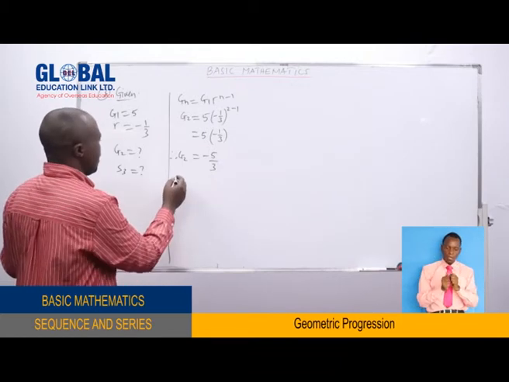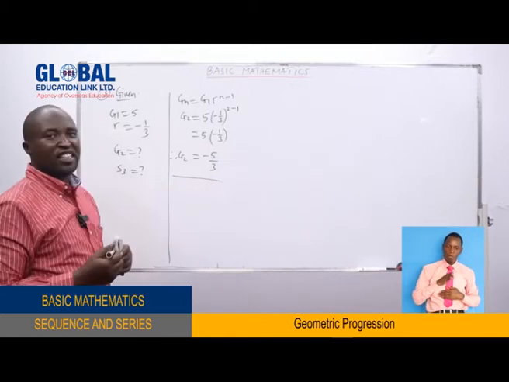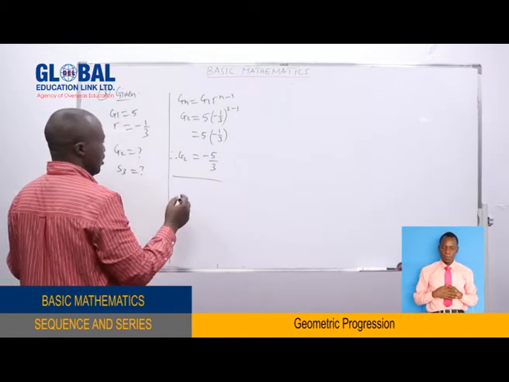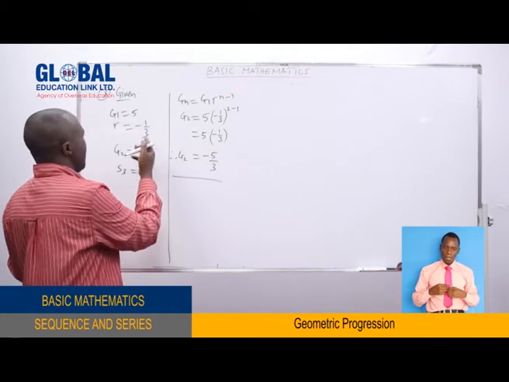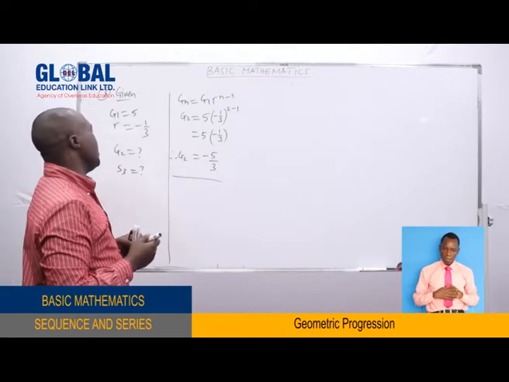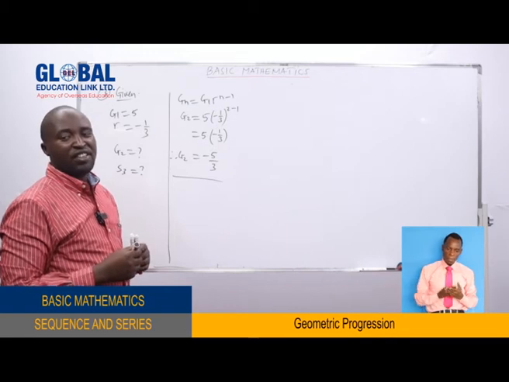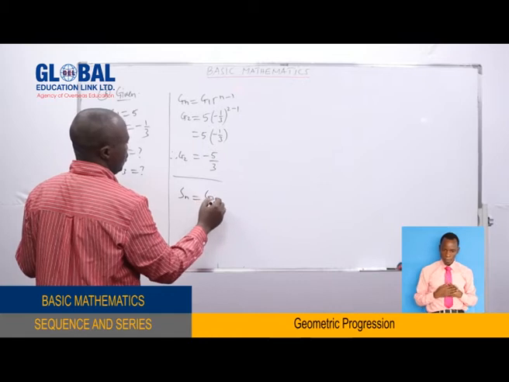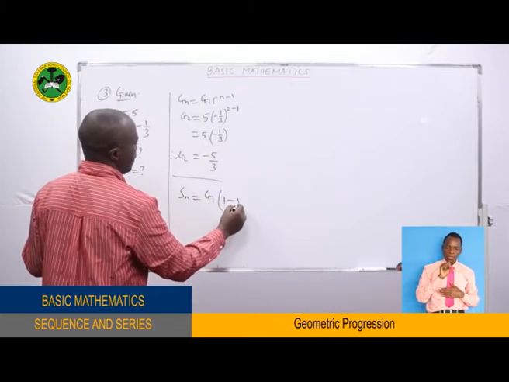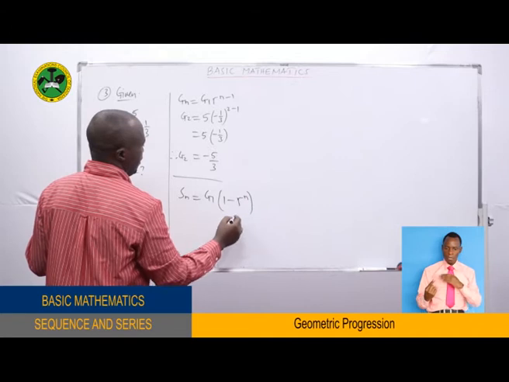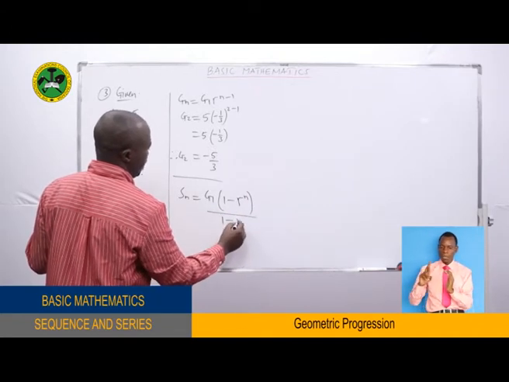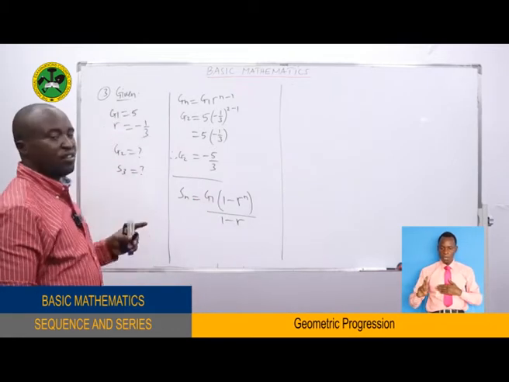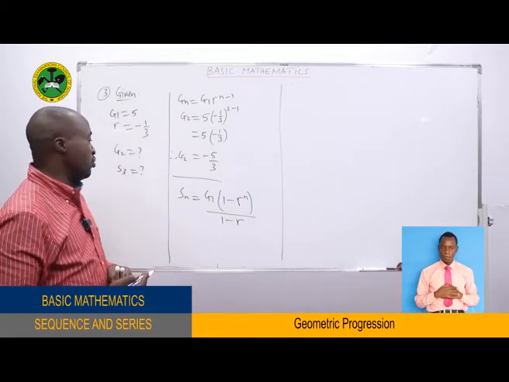Now we proceed with the sum of the three terms of the same geometric progression. So for the case of sum, this time R is equal to negative 1 over 3. So we have Sn is equal to G1 bracket of 1 minus R power n, then again over 1 minus R. So we're looking for the sum of three terms of the geometric progression.